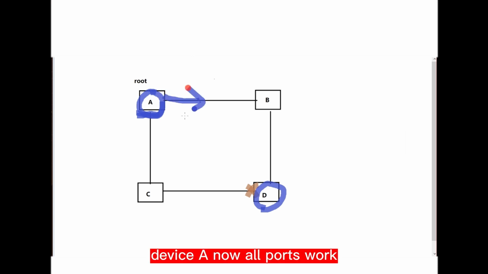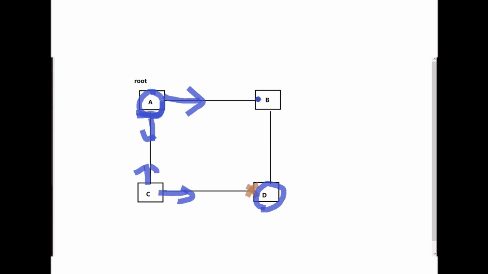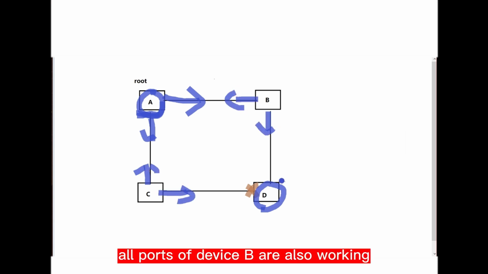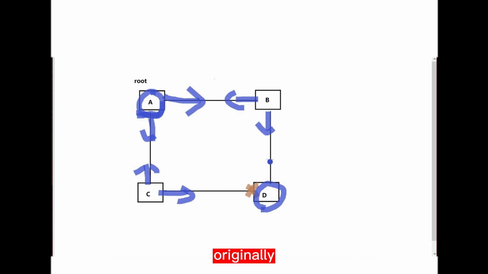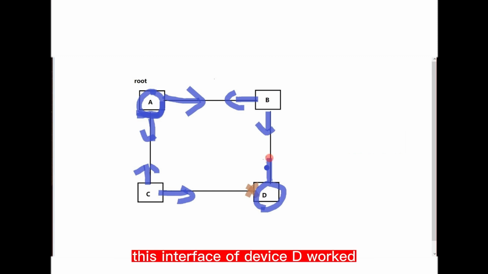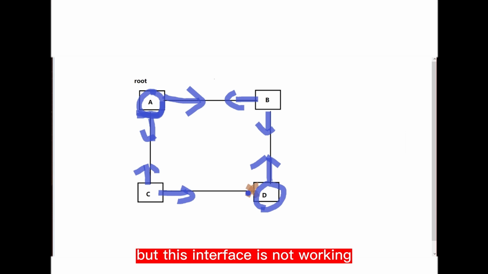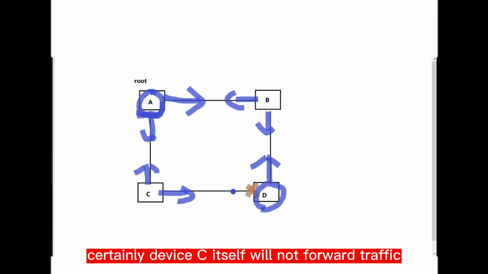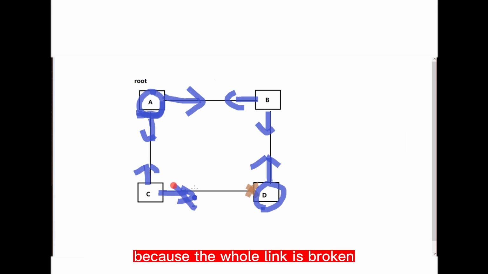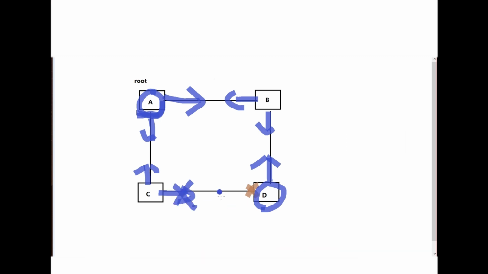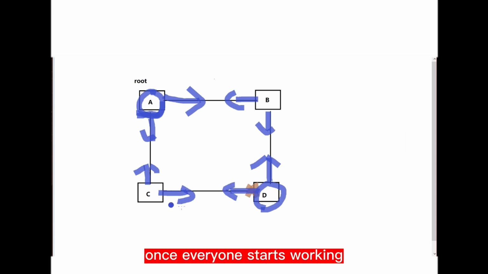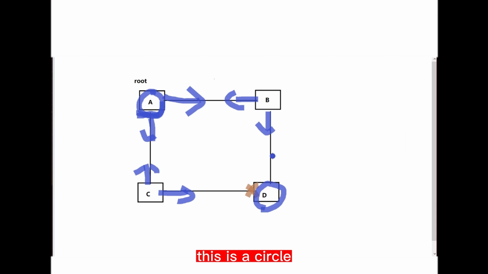Device A now has all ports working, device C all ports working, and all ports of device B are also working. Originally, this interface of device D worked, but this interface is not working. Certainly, device C itself will not forward traffic, because the whole link is broken. But at a certain moment, once everyone starts working, this is a circle.